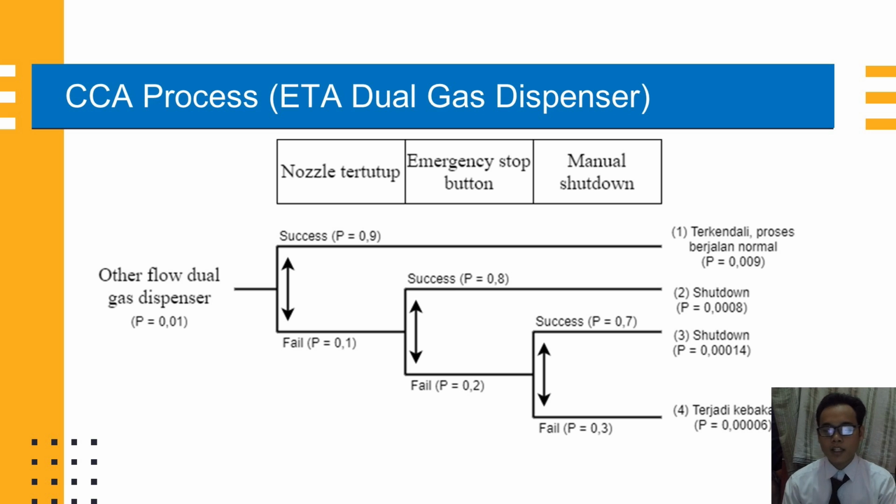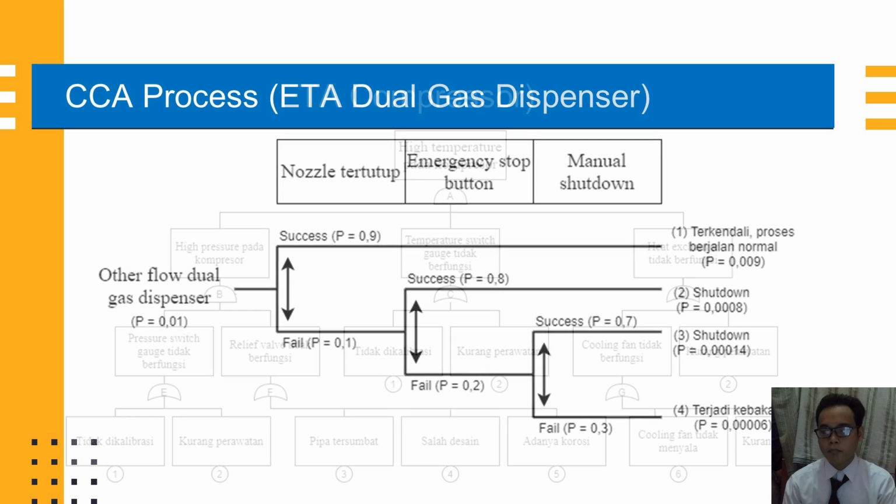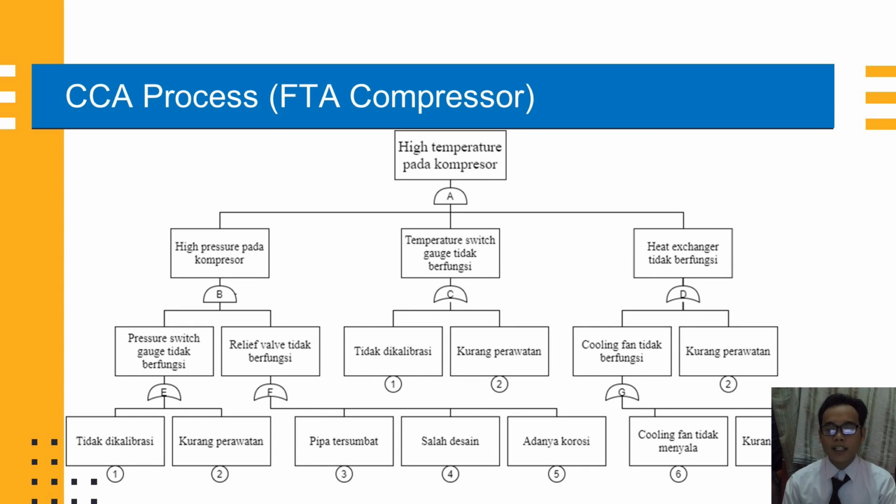After conducting the event tree analysis, the next cost consequence analysis process is making a fault tree analysis.